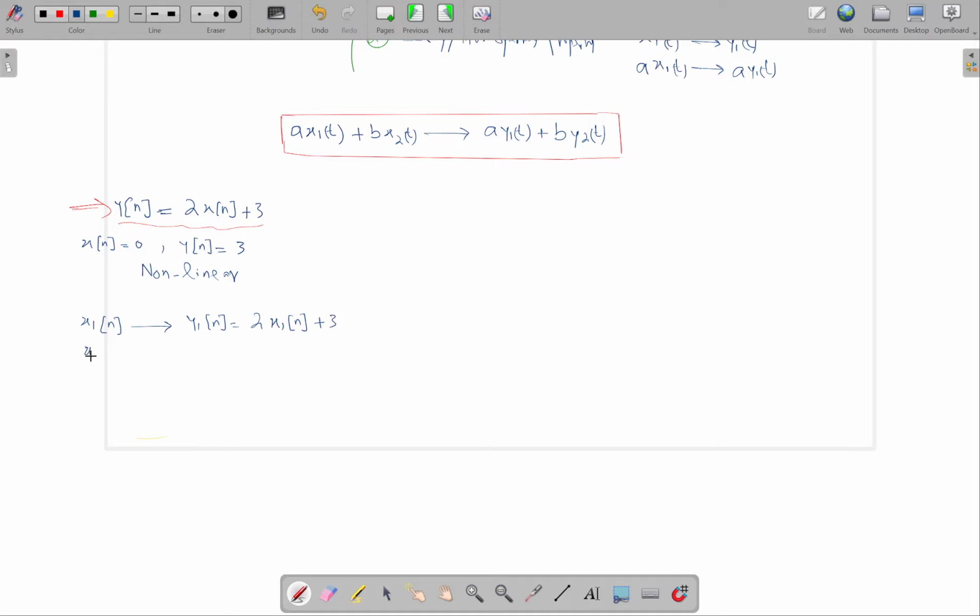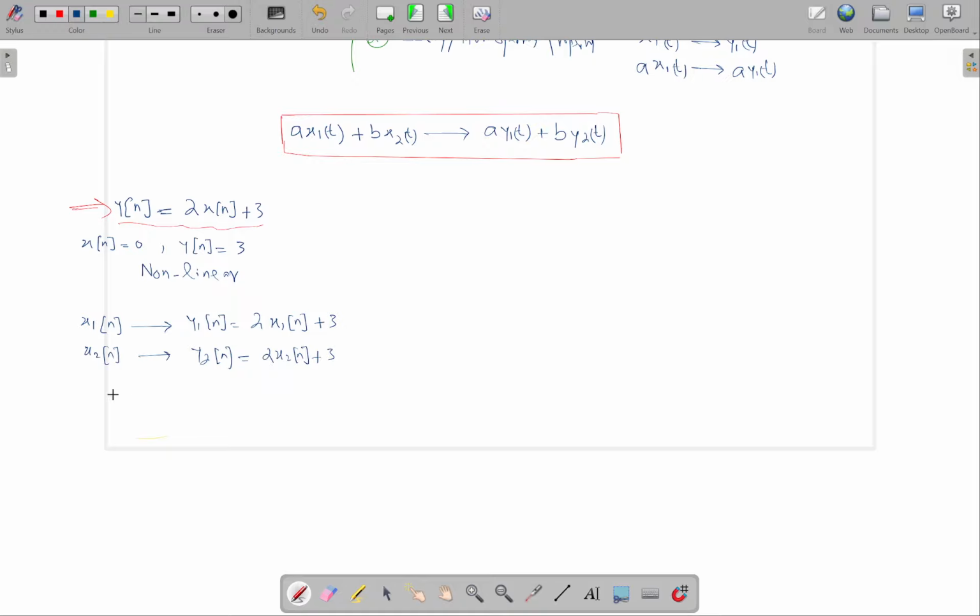Let's take another input, which is x2n, and now my output represented by y2n is simply 2 times x2n plus 3. So I'm using this equation, so instead of xn, we have x1n and x2n.